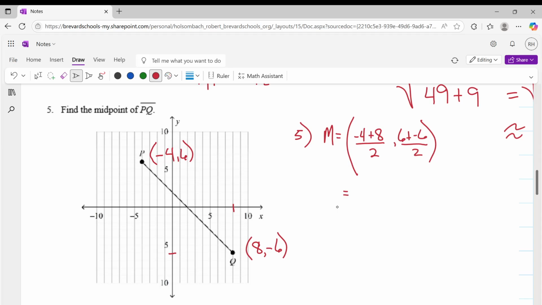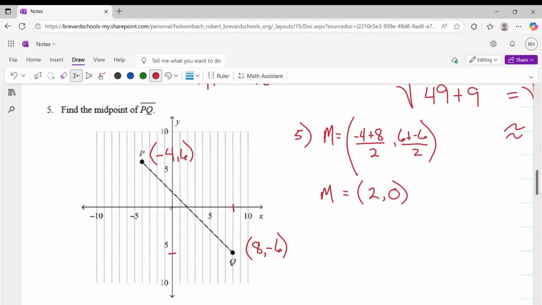So our midpoint is at -4 plus 8, +4 divided by 2 is good. 6 plus -6, 0 divided by 2 equals 0. So our midpoint is at 2, 0.